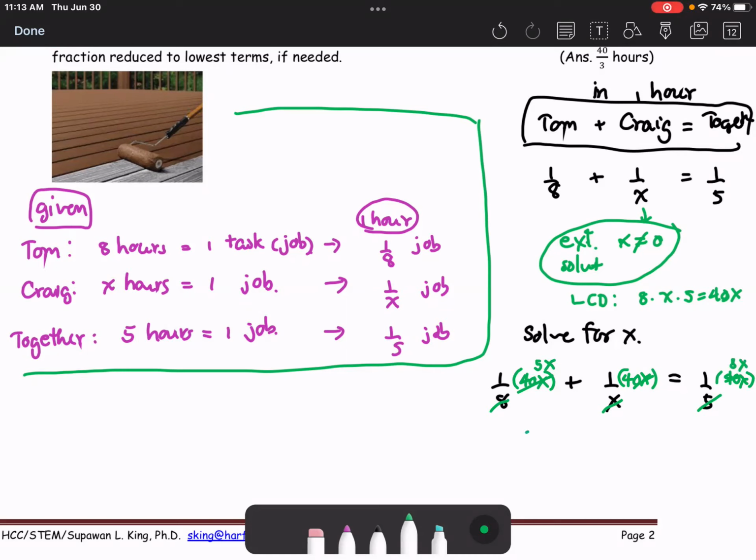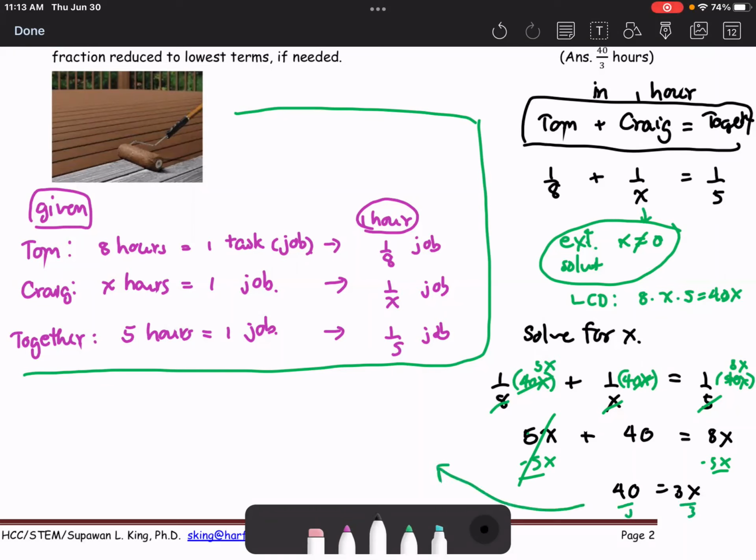Now we get 5x plus 40 equals 8x. Subtract 5x from both sides. Now we get 40 equals 3x. Divide both sides by 3. Therefore, x equals 40/3, or 40/3 hours for Craig to work alone.